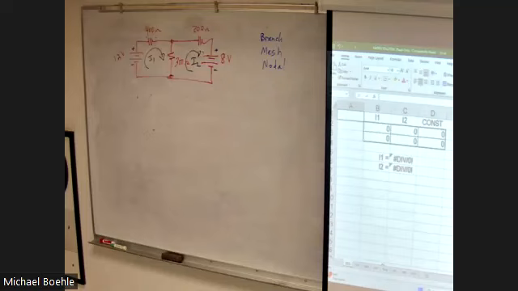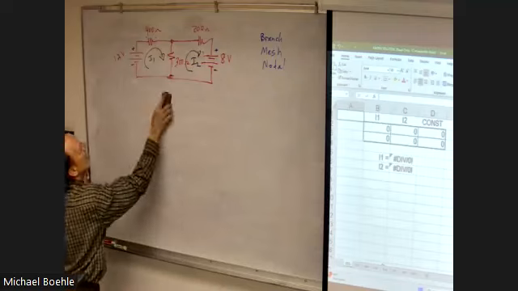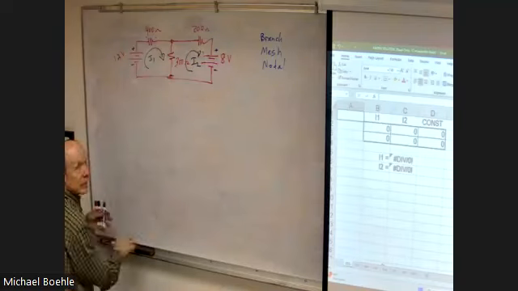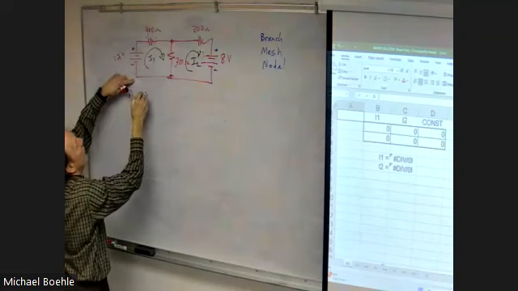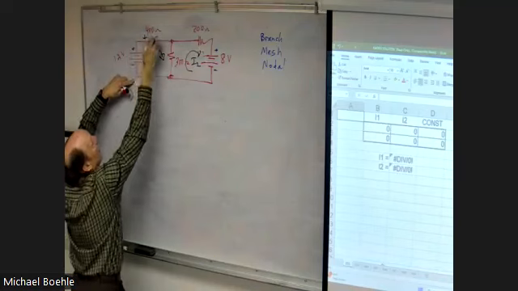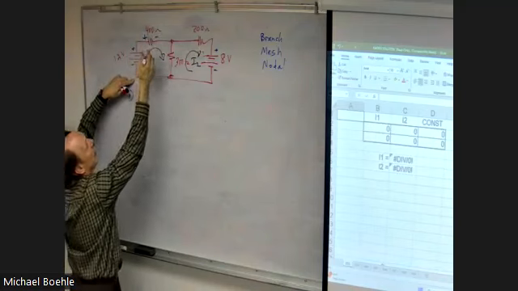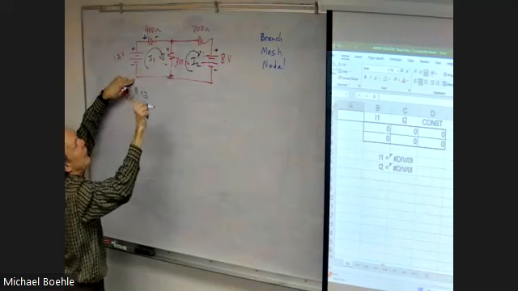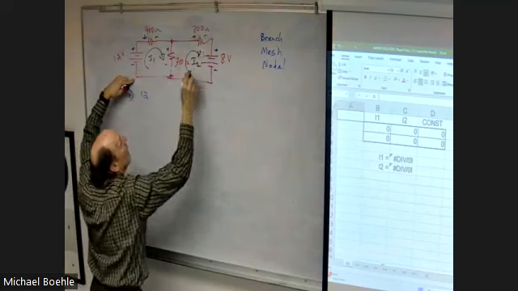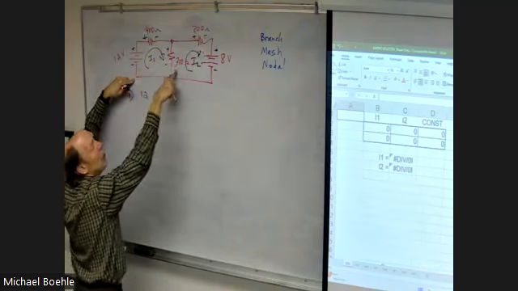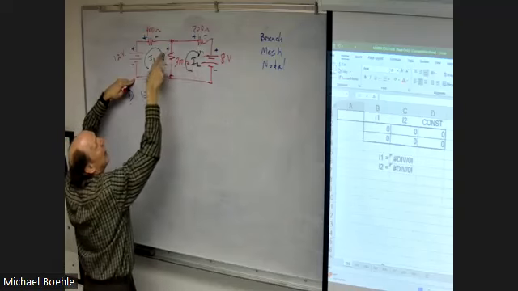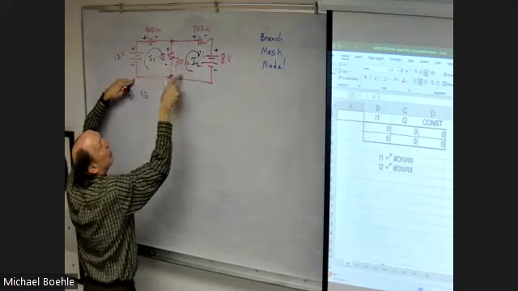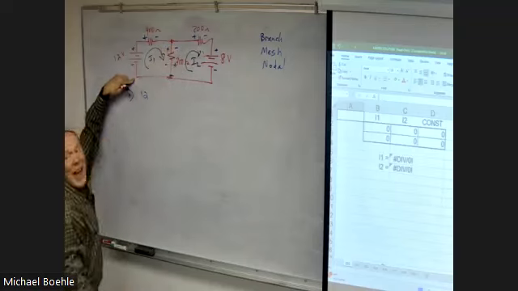So, equation number 1. Start here. Plus 12. Again, based on the current direction, I'm going to get a polarity. Well, here's the tricky part. Current 1 and current 2 both go through the 300 ohm resistor. Current 1 creates that polarity, but current 2 is going the other way, so it creates that polarity.